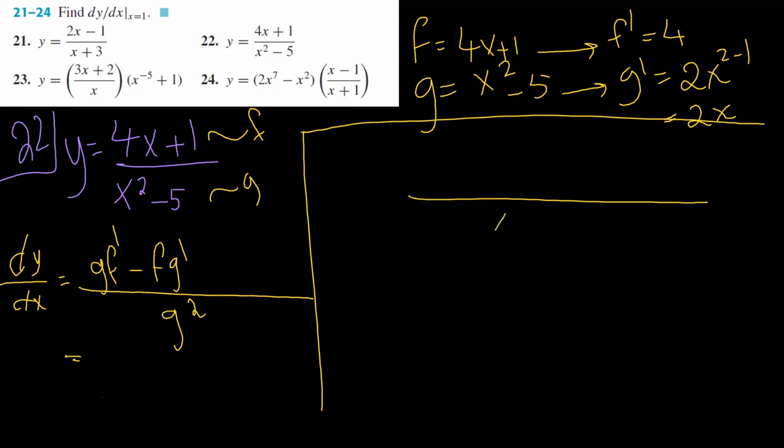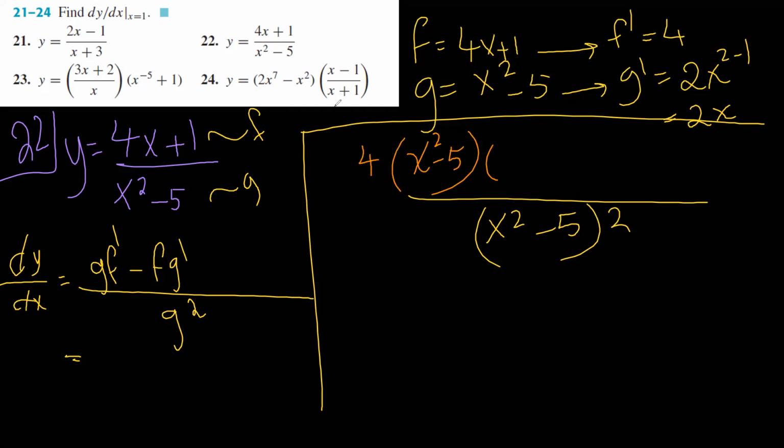Where is g? It is (x squared minus 5) squared. Then where is g? It is also x squared minus 5 times f prime, which is 4, minus f times g prime.